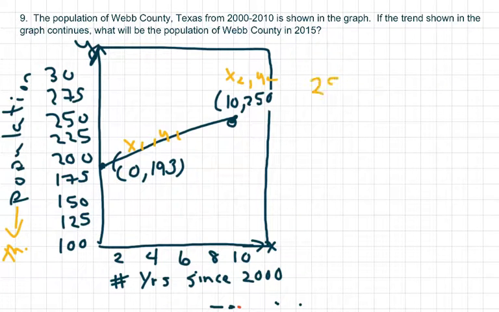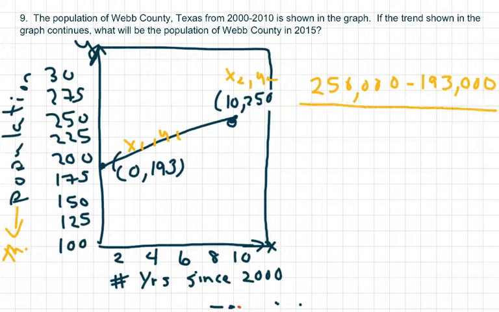So you get 2,500 minus 193, and the years are 10 to 0. We're starting at 0, so it's 10 minus 0.